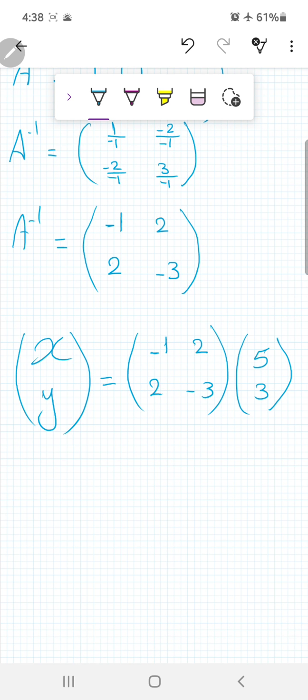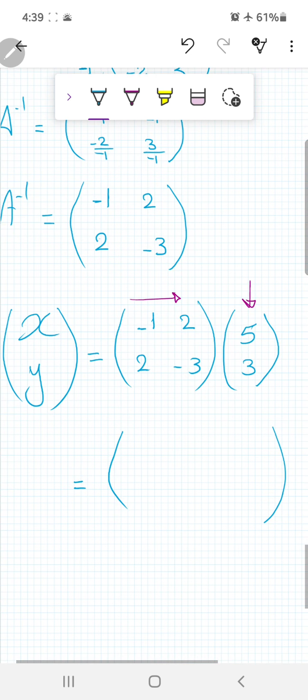How to simplify it? By using multiplication. Here the first matrix will be rows, second matrix will be column. Okay, so here we have a big bracket. Here negative 1 times 5, negative 5, plus 2 times 3, 6.